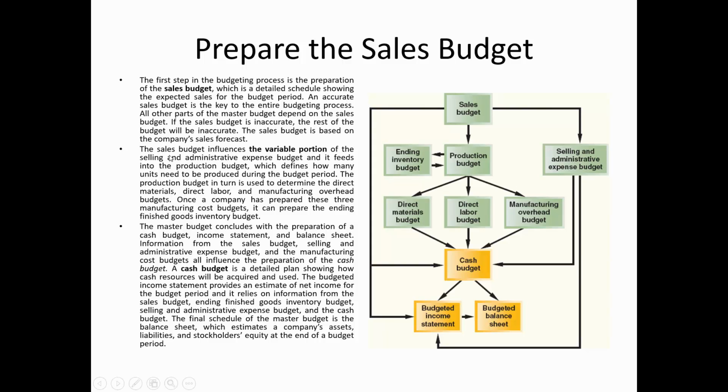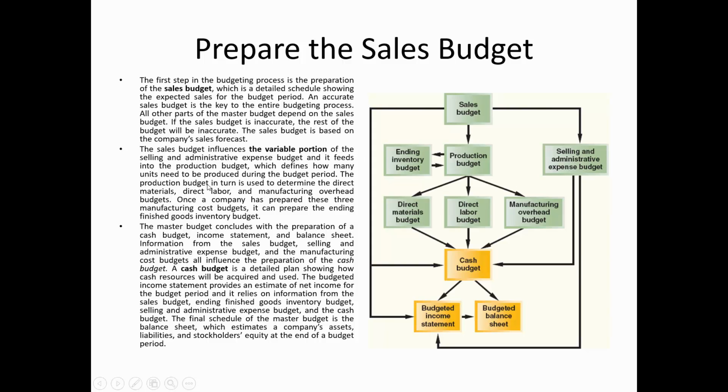The sales budget influences the variable portion. Now remember, this is tied directly and indexed upon how much volume you have or how much sales you have, so that will affect the variable portion of the selling and administrative budget, and also feeds into the production budget, which defines how many units will be needed to be produced during the budget period.